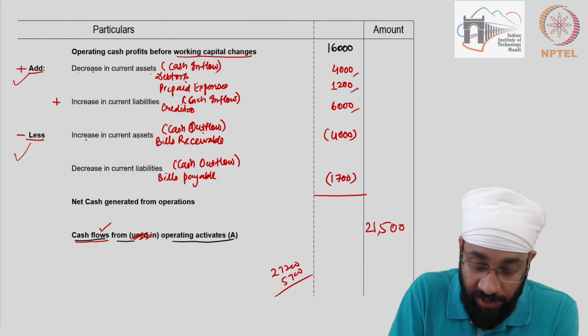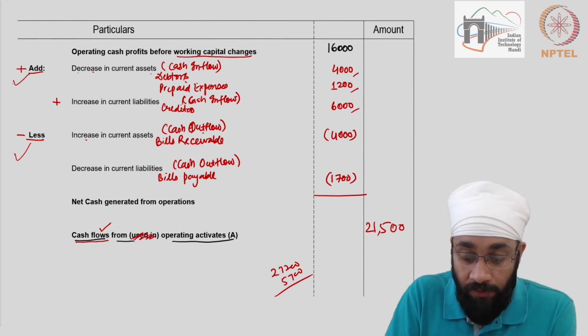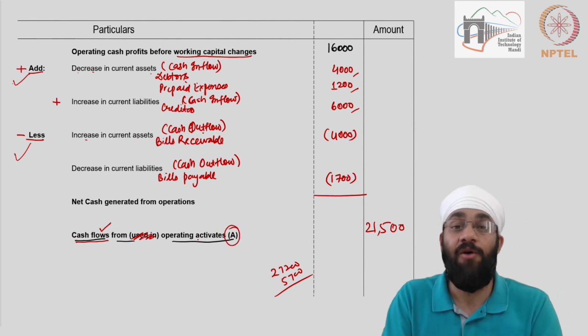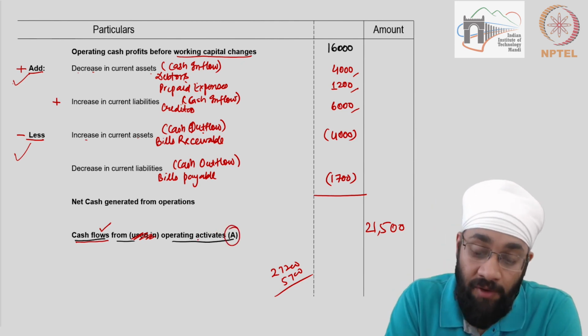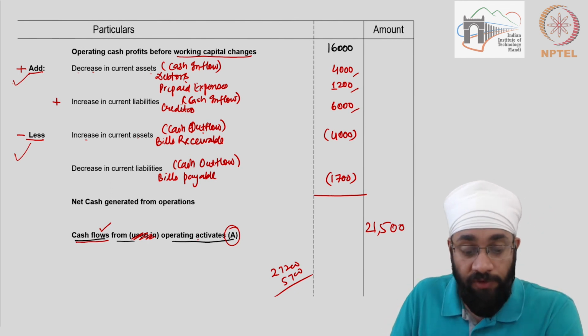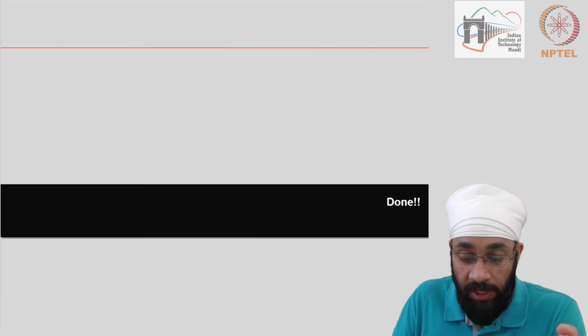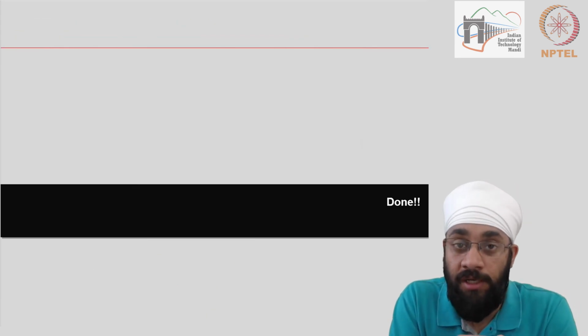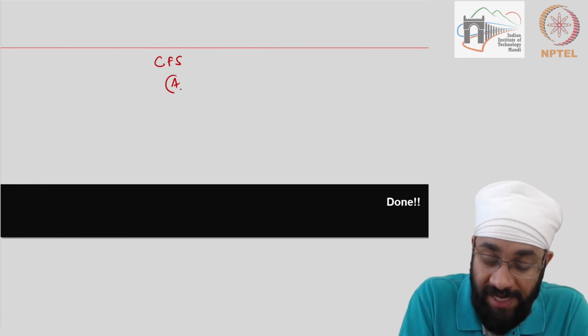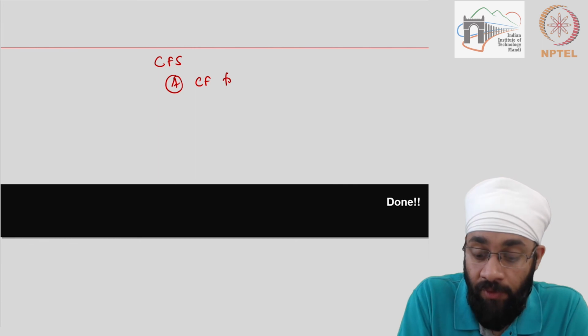We don't have to write this now. So cash flow from operating activities. This is section A of the cash flow statement of this sample company, the example that we are doing. So there were two steps involved in preparation of the first section of the cash flow statement, which is cash flow from operating activities.